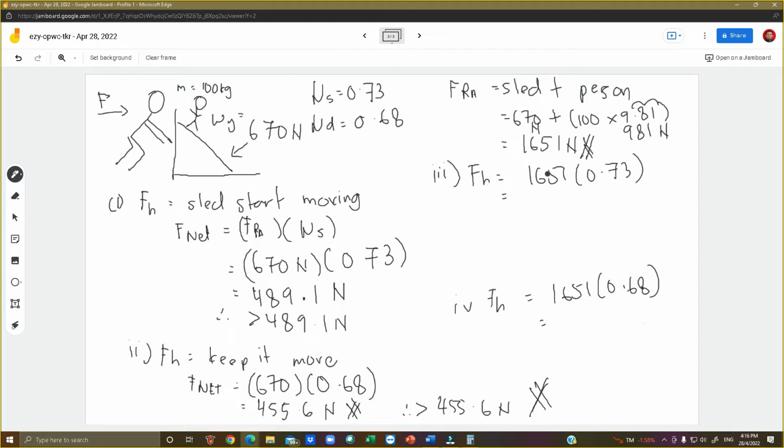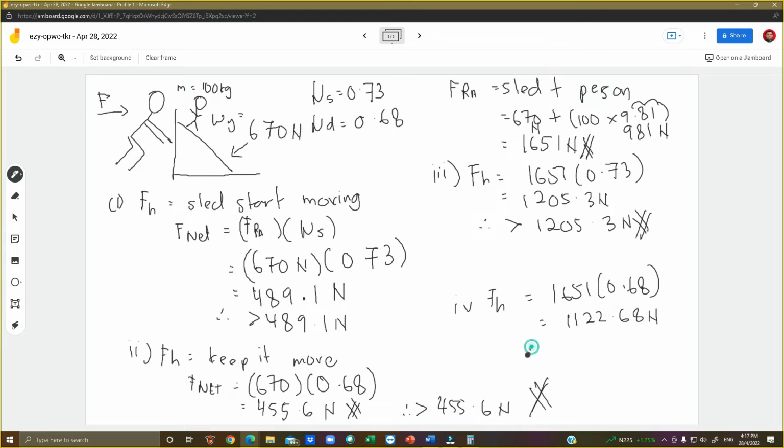For the static, 1205.3 Newton. So the force needed has to be more than 1205.3 Newton. Okay, dynamic: 1122.68 Newton.